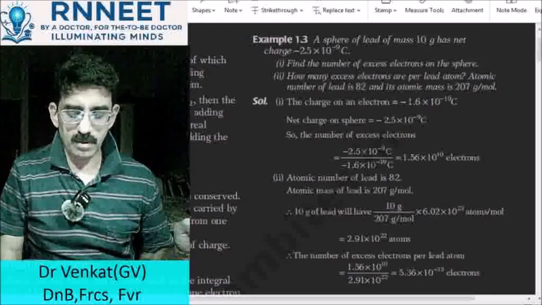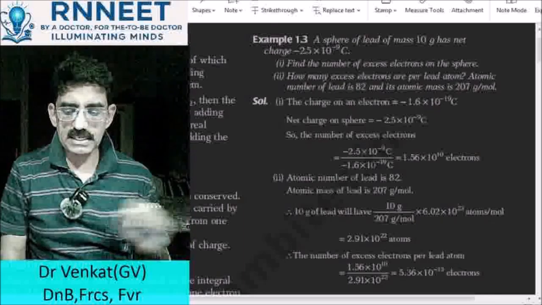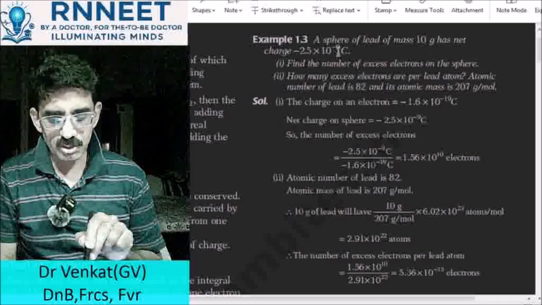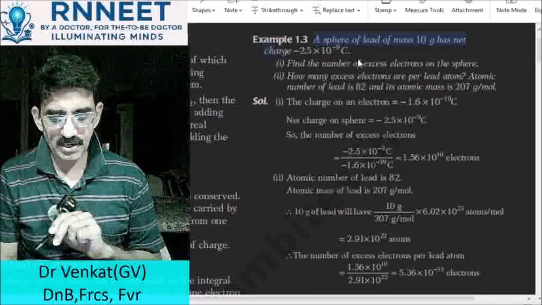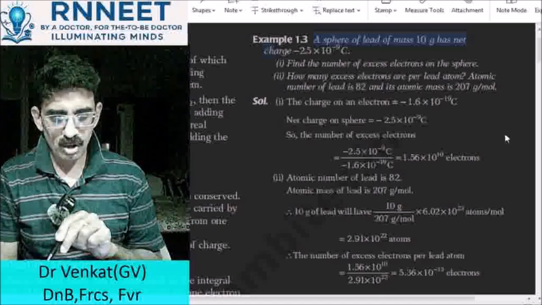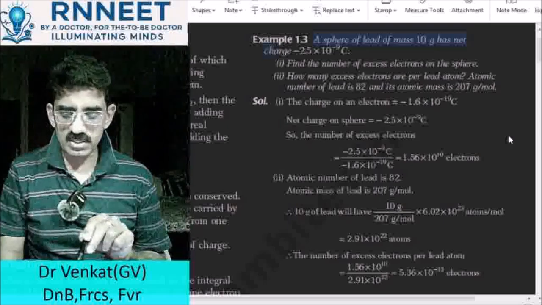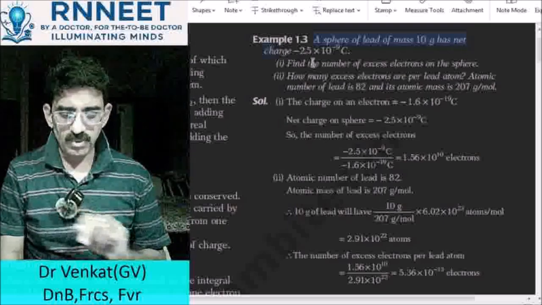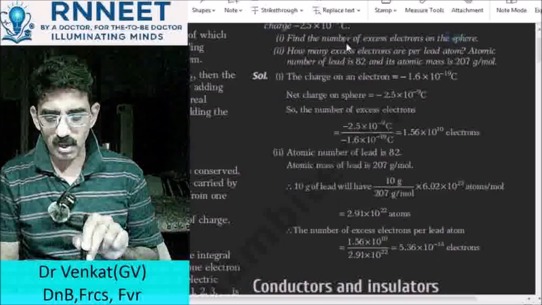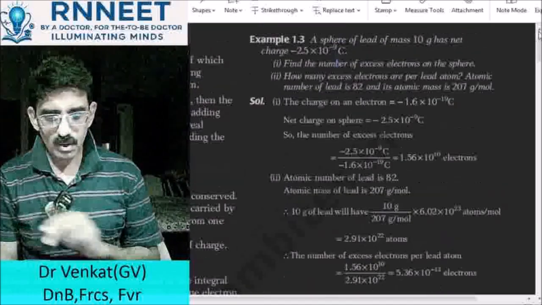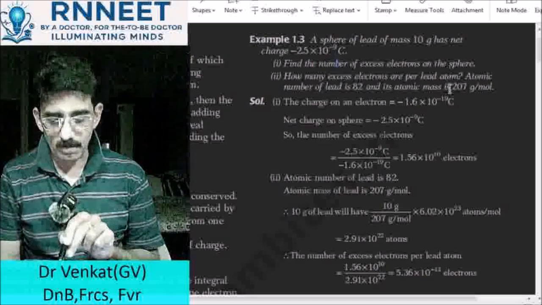Let's look at this simple question about a sphere of lead of mass 10 gram that has a net charge of 2.5 into 10 to the power minus 9 Coulomb. You are asked to find the number of excess electrons on the sphere, and how many excess electrons per lead atom.